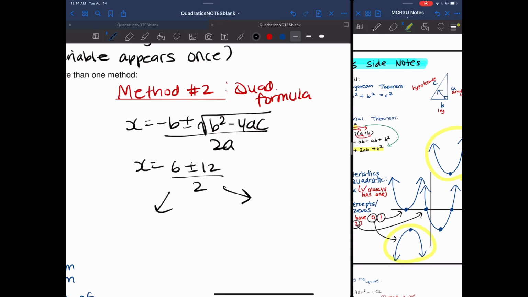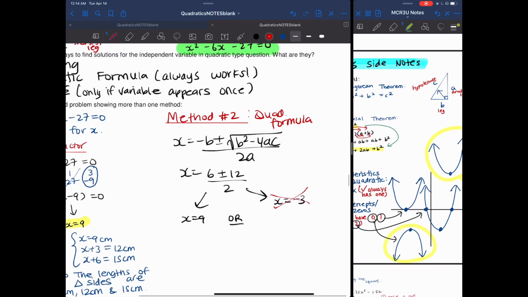Basically, you have 6 plus 12, which is 18, and 18 divided by 2 is 9. So you have x equals 9 as one of them, consistent with our previous method. And then 6 minus 12 is -6, and -6 divided by 2 is -3. And that one still doesn't make sense.